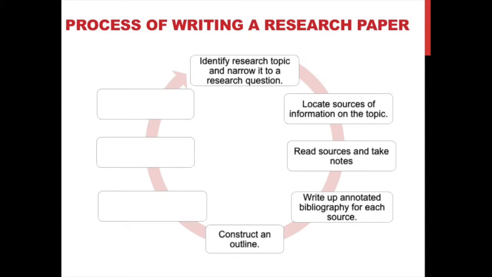So now one has located sources and read the sources. Now this person needs to construct an outline for his or her research paper. So this is the next step of writing a research paper, to have an outline. So here comes the actual writing step, where every one of you needs to write the paper and incorporate those articles that you have located and read.